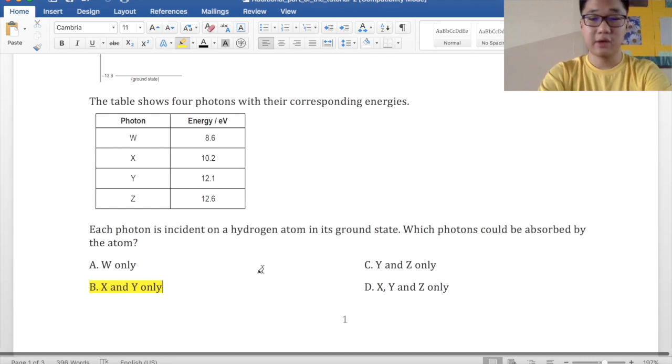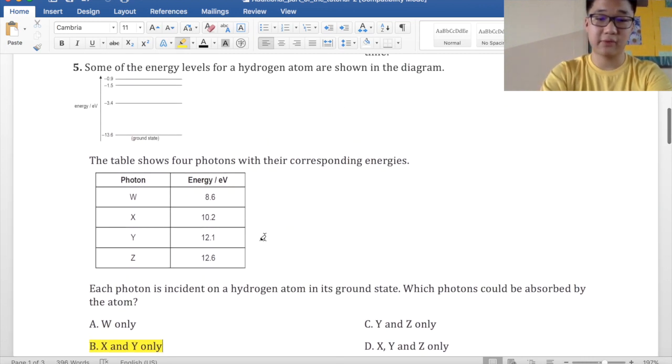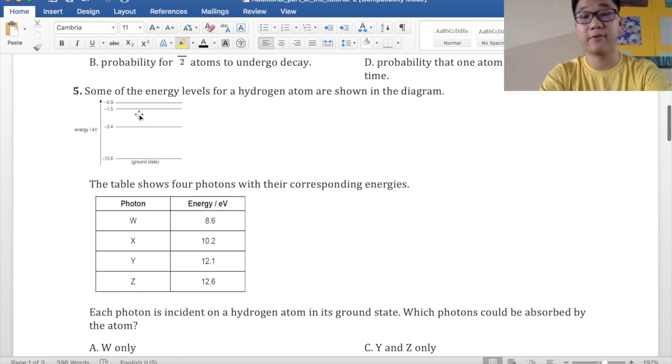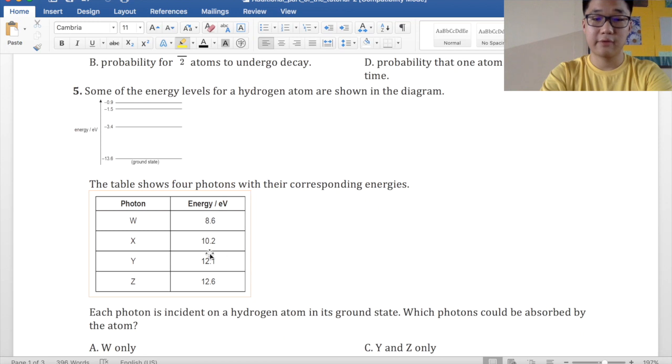Why is that so? Well, if we look over here, X and Y correspond to 10.2 and 12.1. If we add 10.2 to negative 13.6, then the answer would be negative 3.4, which is right over here. And for photon Y, it is 12.1. So if we add 12.1 to negative 13.6, then it would be equal to negative 1.5.